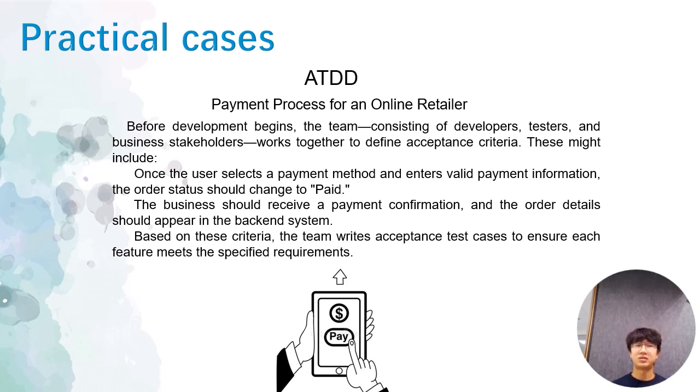And as for ATDD, this methodology is best for projects that require cross-functional collaboration and ensuring business requirements are met, such as in the development of a payment process for an online retailer, where acceptance criteria are defined upfront to guide the development.